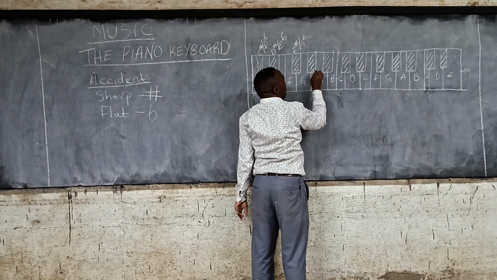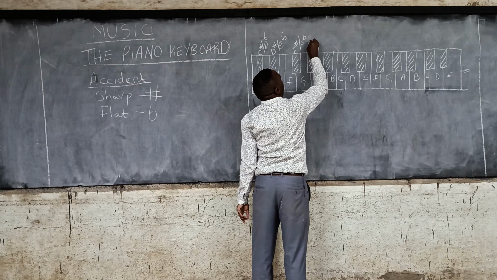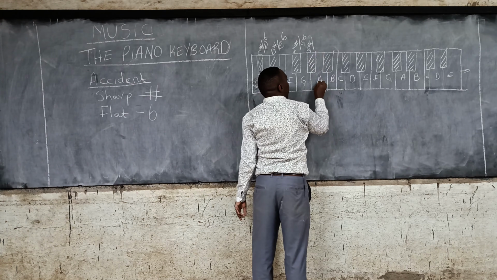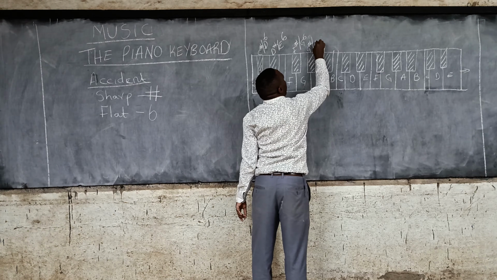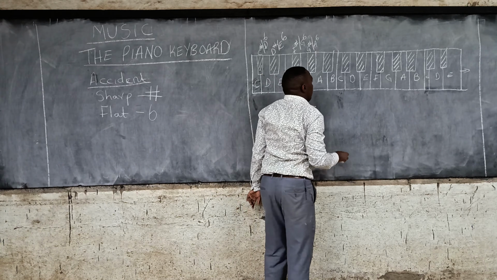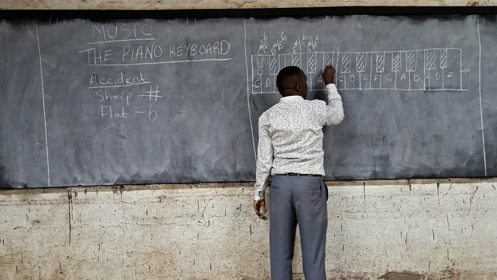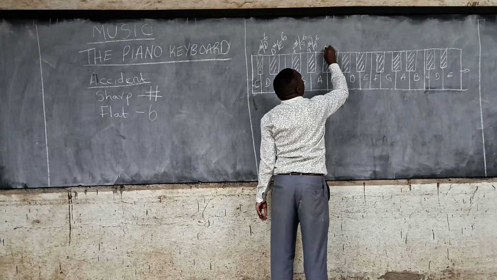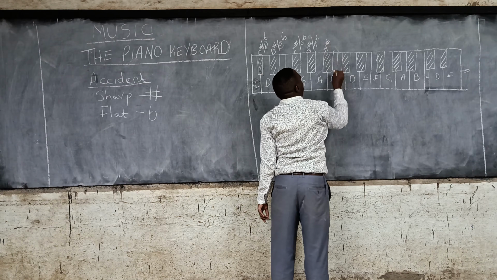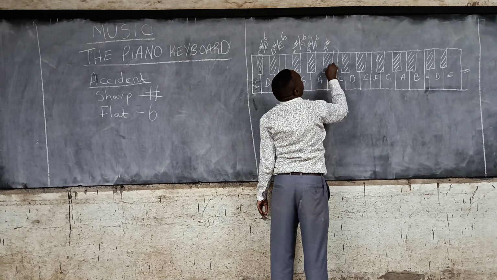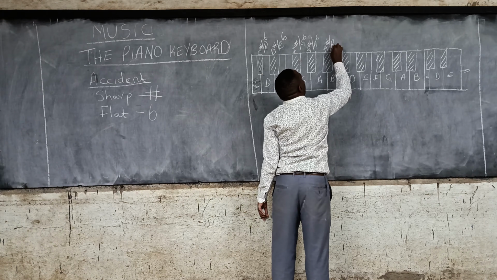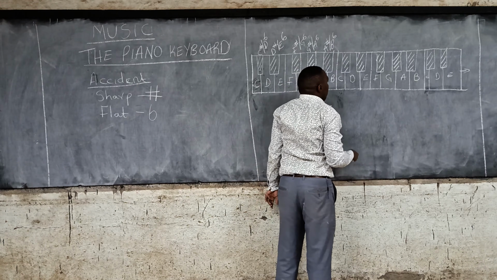Then G sharp, then A flat, then A sharp, then from B going back here, it will be B flat.